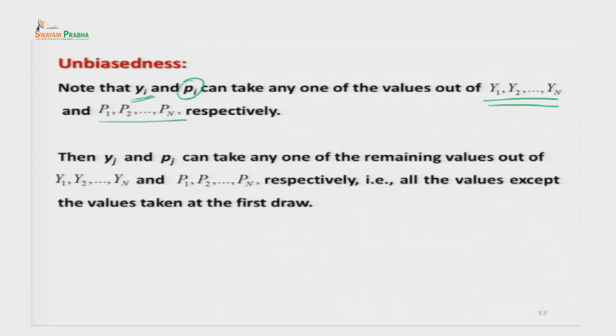And similarly here yj and pj also can take any of the values of y1, y2, yn and p1, p2, pn, except the value which has already been taken by yi and pi. Right. So yj and pj, which are occurring in the second row, can take all possible values except the values which have already occurred in the first row, and the same thing will happen to yj and yi.